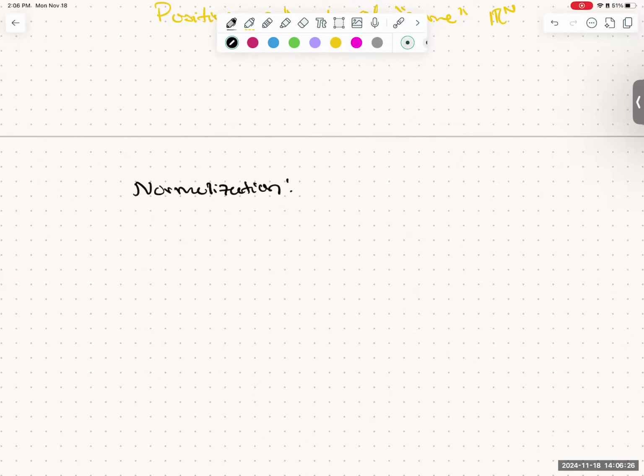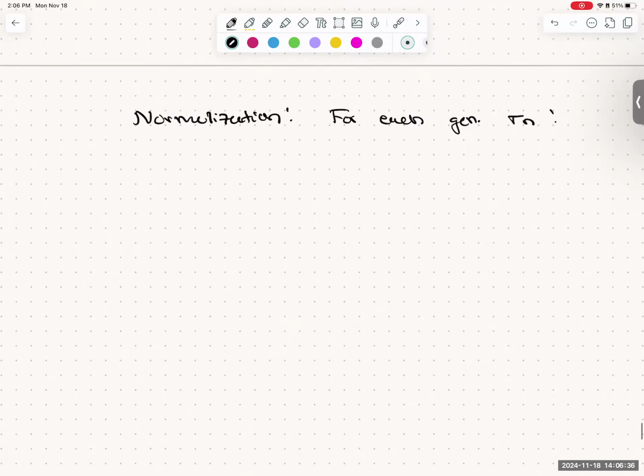That is to say, for each generating sigma n, we have that summing over all possible outcomes, P of sigma n, omega n equals 1.